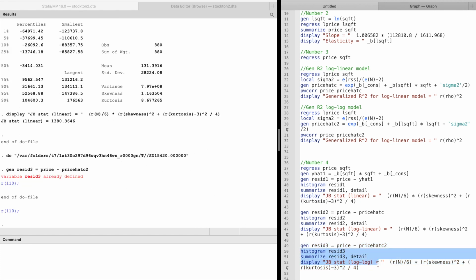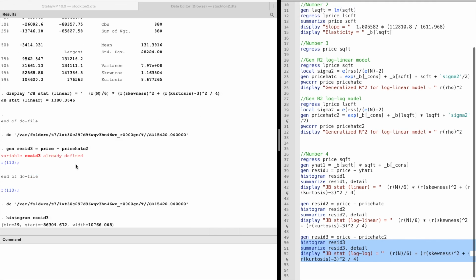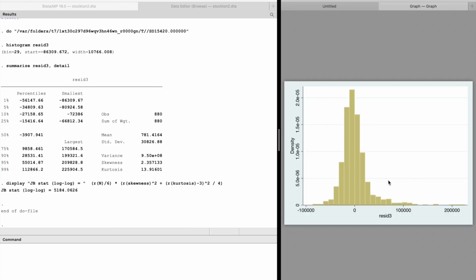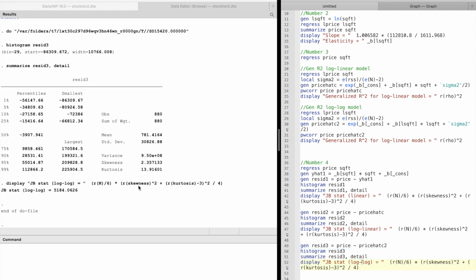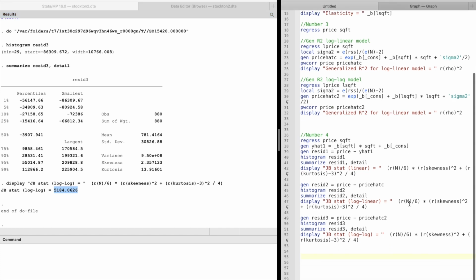Okay, so that's already defined because I did it earlier. But we get our histogram of residuals, and it looks less normally distributed. There's more skew up here. And we get a Jarque-Bera statistic that is much greater. So the log-log model doesn't seem to conform with our normality assumption of the residuals.